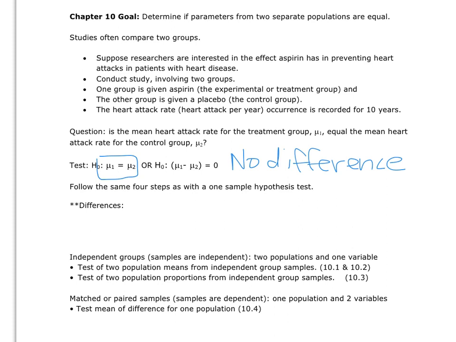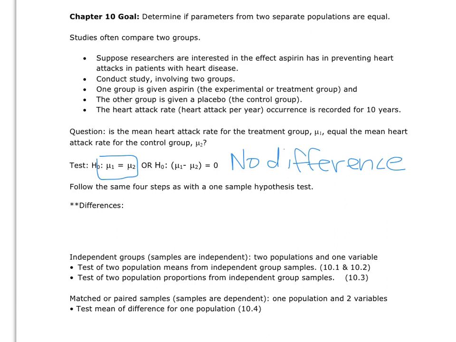For the hypothesis test we do in this chapter, we're going to follow the exact same 4 steps. Like we have seen, the hypotheses are going to look a little bit different. The other thing that's going to be different is the test statistic. We will get to that as we get to the different types of tests, but just keep that in mind.